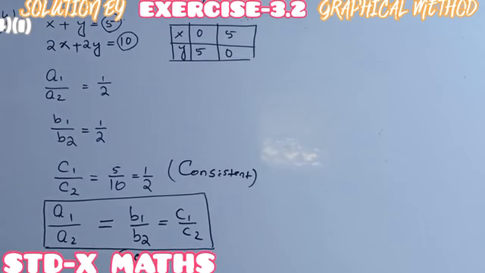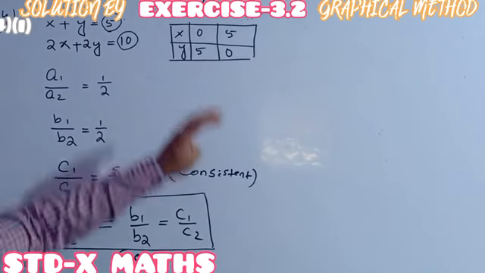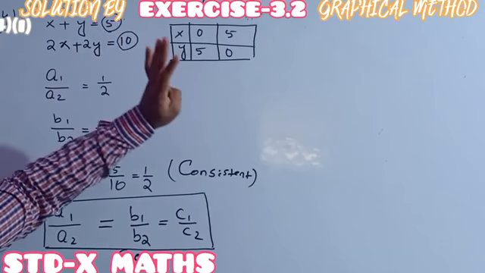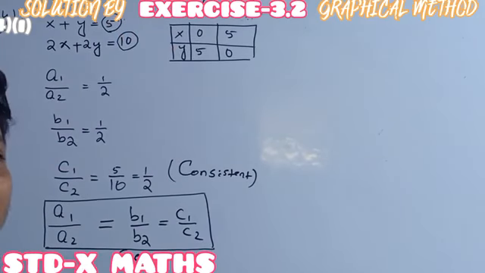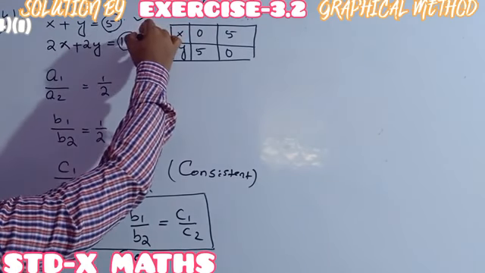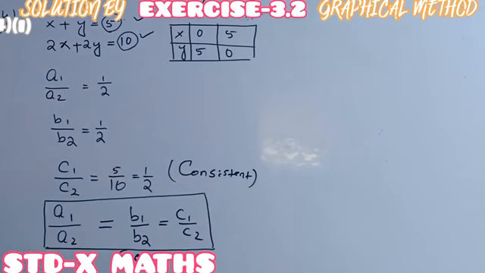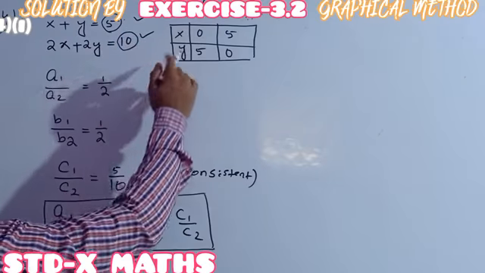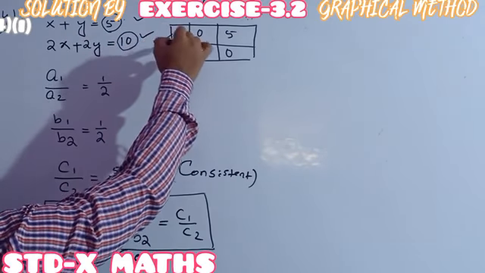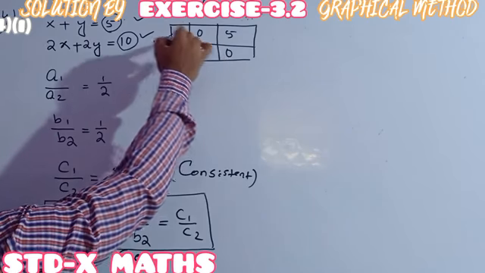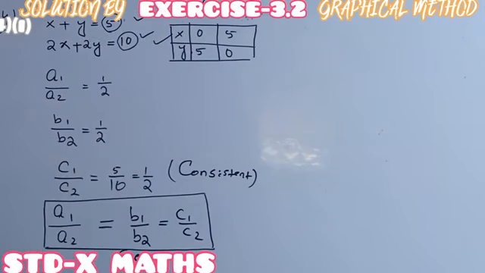Listen, another thing you have to remember: whenever both lines are coincident, drawing one line also represents drawing the other line. Understood or not understood? No need to draw the other one, because the single line will represent the graphical representation for both linear equations.